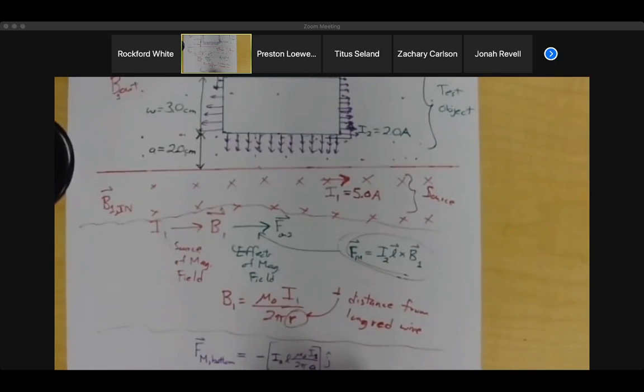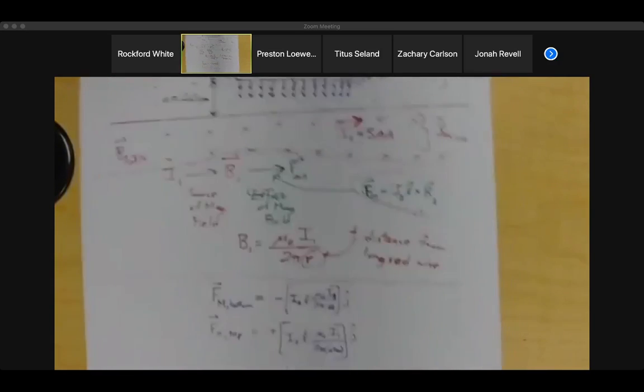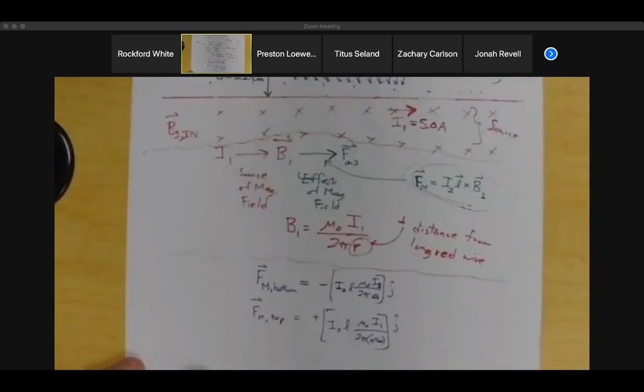And the only difference is going to be what? Same current in that leg, same length for that leg, same magnetic field, same current in the bottom wire, and this is going to be 2 pi, and then it should be A plus W. Maybe. Sound about right.